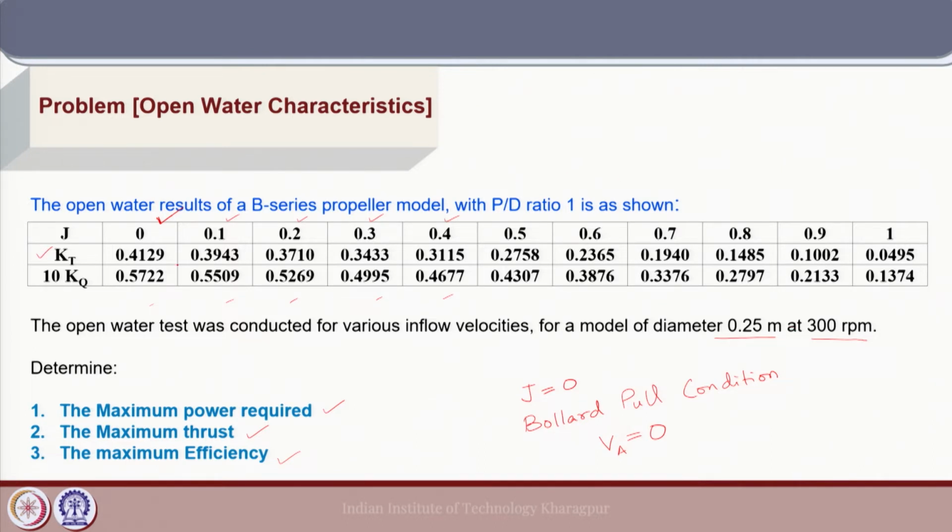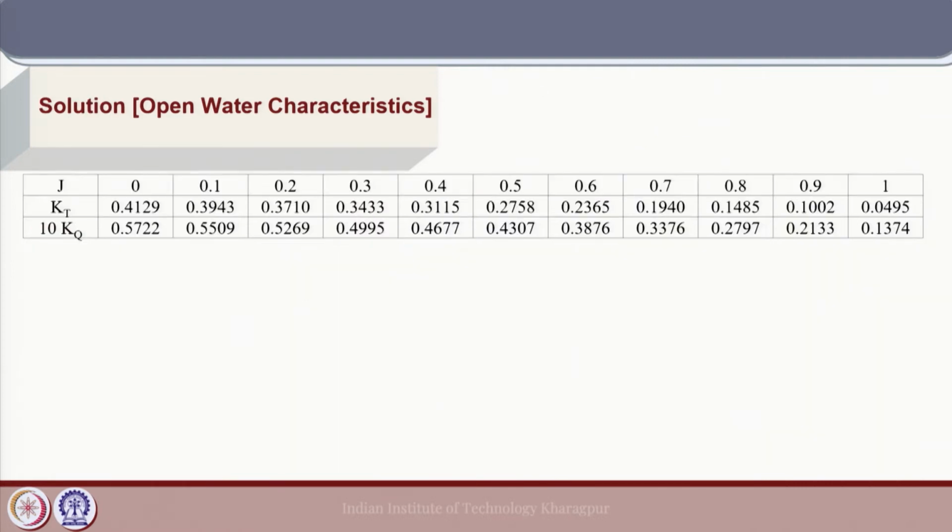Once we plot all these points of kT and kQ versus J, we will see that the efficiency will gradually increase, and then after a particular value of J it will decrease. So, using a suitable analysis, the maximum value of efficiency can be obtained using curve plotting techniques.